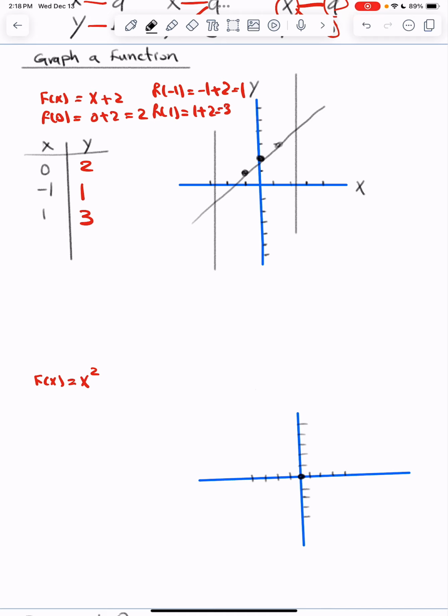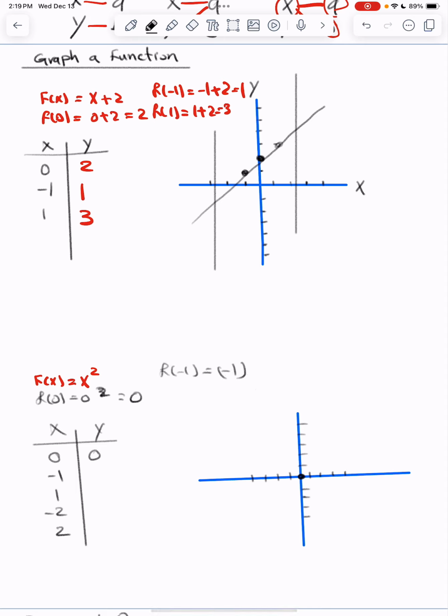Another one, we have f of x equal to x squared. Let's make another table, x and y. So I'll give again 0, negative 1, 1, and maybe 2 more points, negative 2 and 2. At 0, our y is also 0.